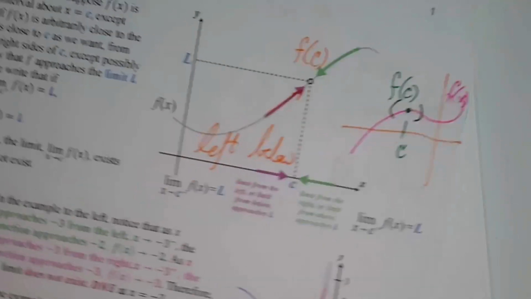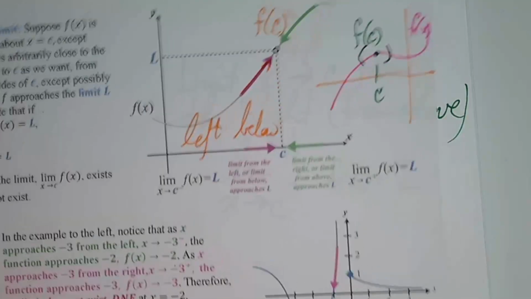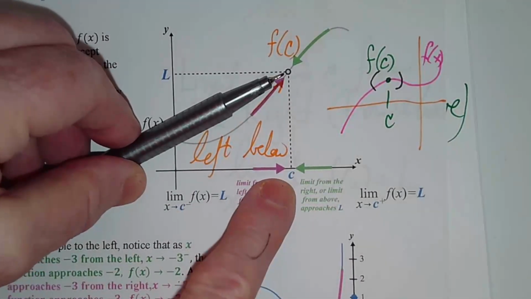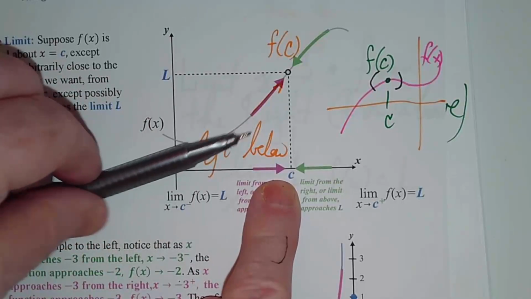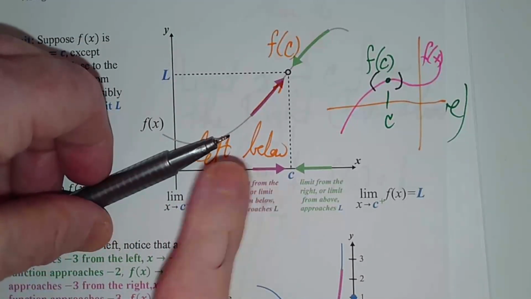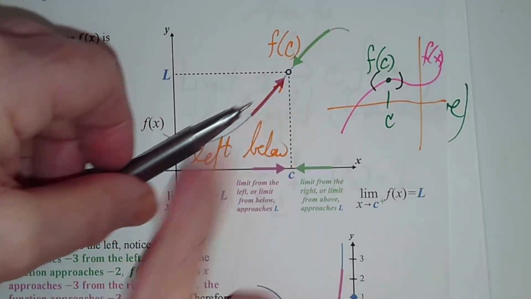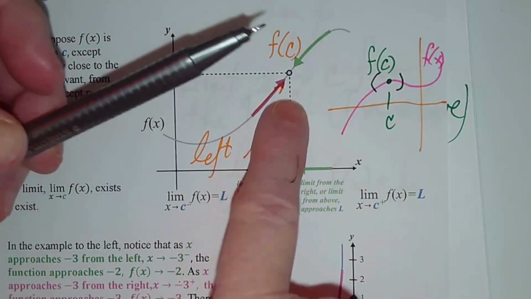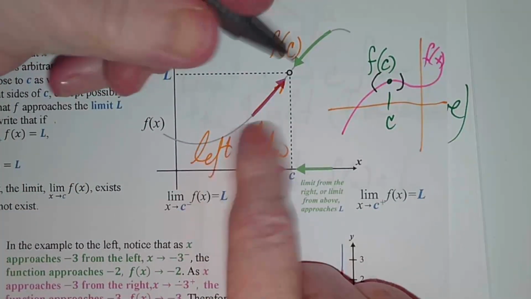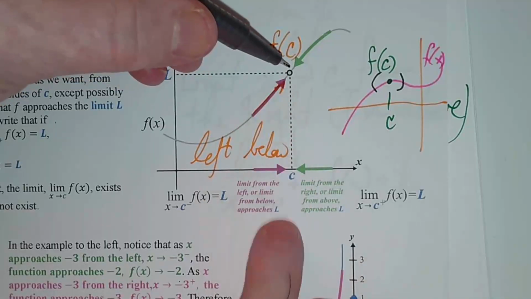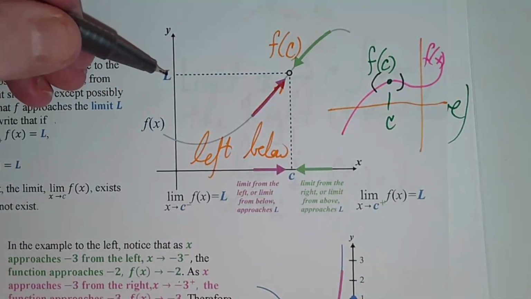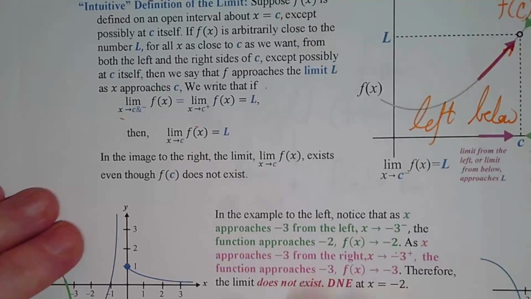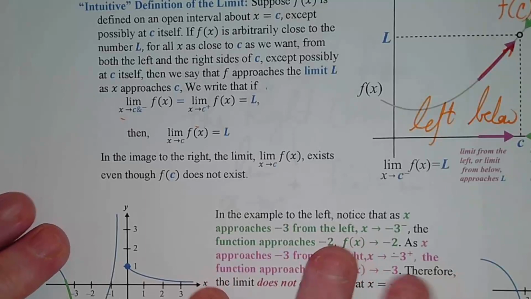So just in this simple image, I can see that if I approach x equals c, and I go along the graph, so here's x, here's f of x, even though f of c is a hole, is not defined, we still are getting as close as we want to the y value L, from above and below. And that is exactly what it means for the limit to exist.